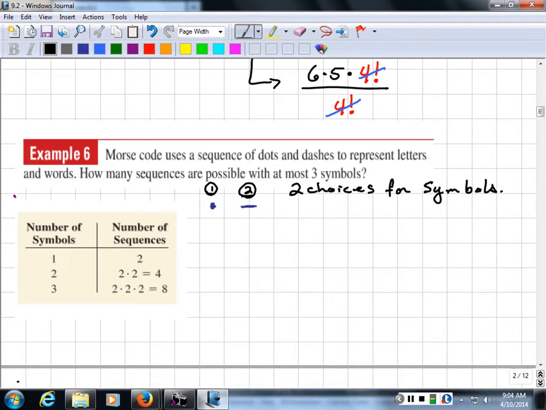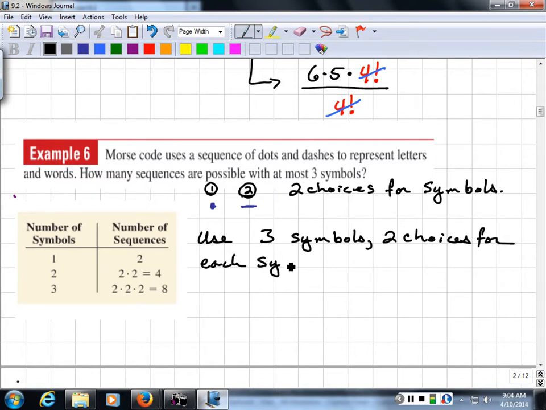Well, let's think about this for a moment. That means I want to use 3 symbols. But I have 2 choices for each symbol. Exactly. And what that is, I'm going to have 3 symbols.